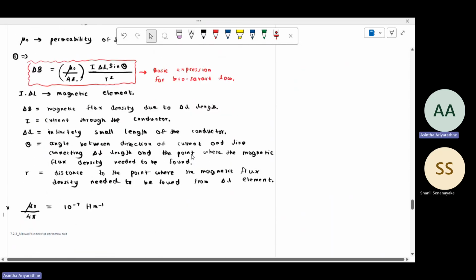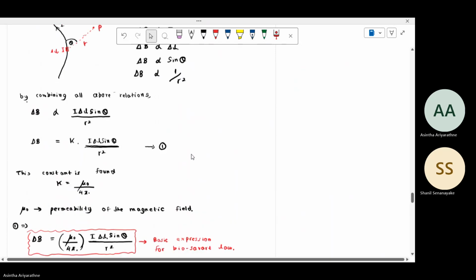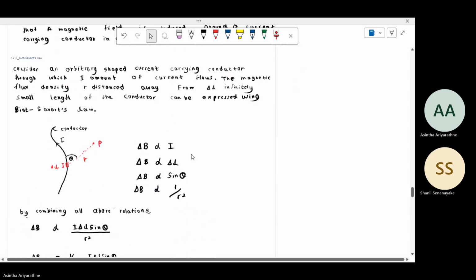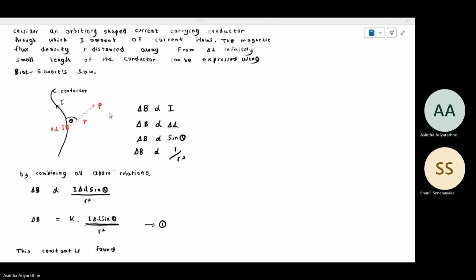I'll give some time, you can note this down. When you finish this part, let me know, then I'll scroll down.